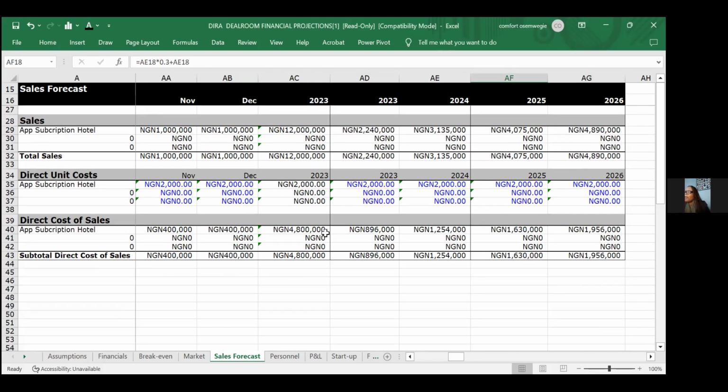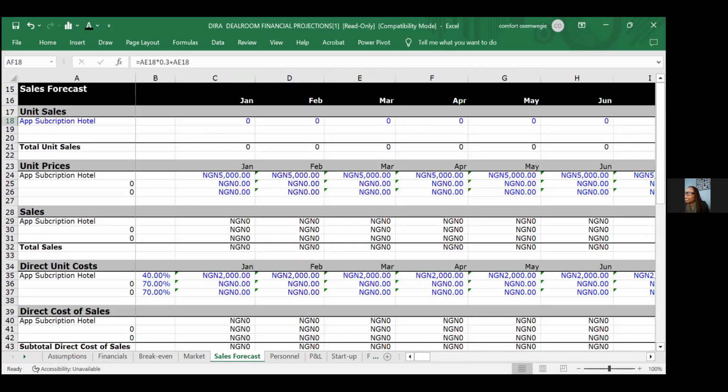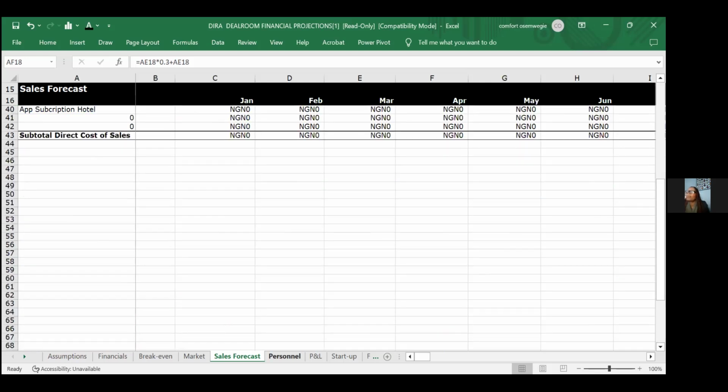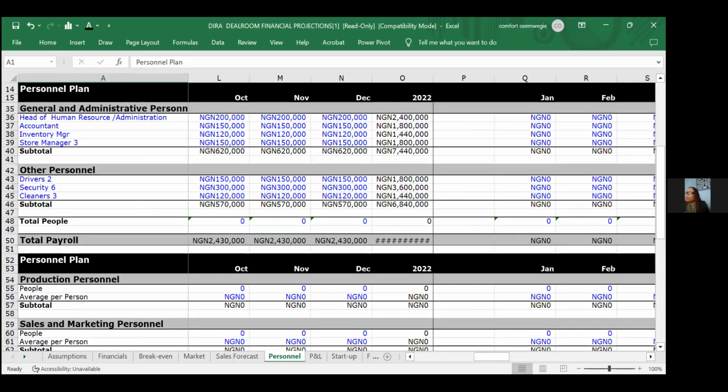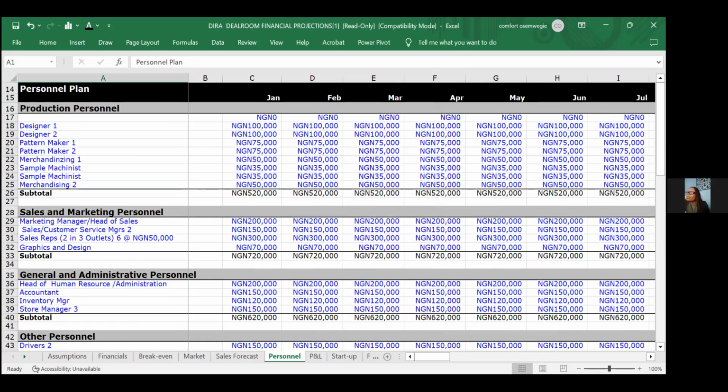So for every 1 year, with your subscription, you now have an idea of what it costs. You can build your personnel straight away, who you will recruit. There's a basic one. You don't have to fill in the people you work with all the way from year 1, year 2, monthly, all the way to 2026 and then into the next 5 years.